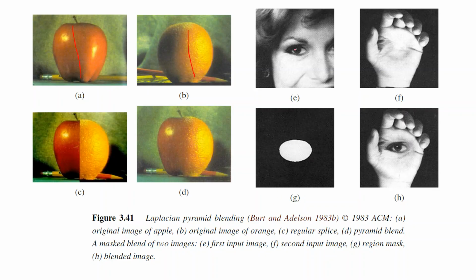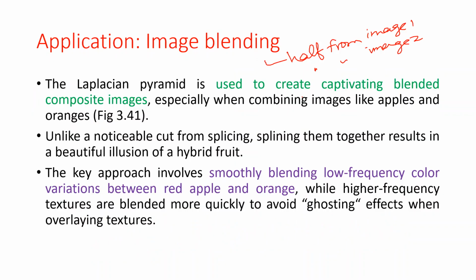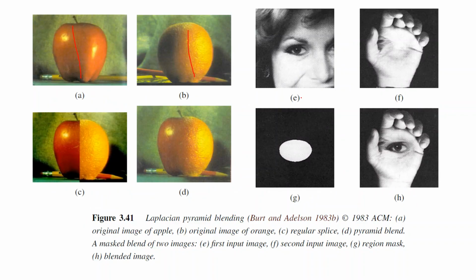So in this region, I'm going to blend the original image E, and blend by low frequency. Both the color as well as shape is blended using low frequency. The textures of both, here it is smooth, here it is somewhat not smooth.